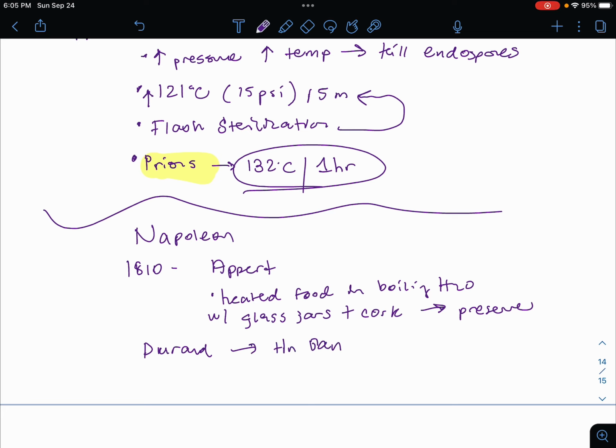So again, Napoleon fought a lot of wars and all these battles. If you read all about French history, he did a lot of interesting stuff and a lot of crazy stuff, but he needed something to feed the army, of course, and if the army's traveling everywhere, they needed a method to preserve food. So he awarded a prize for finding a way to preserve that food.